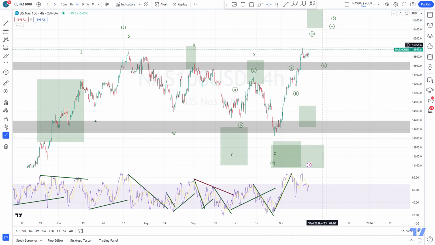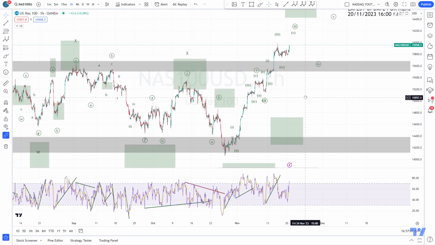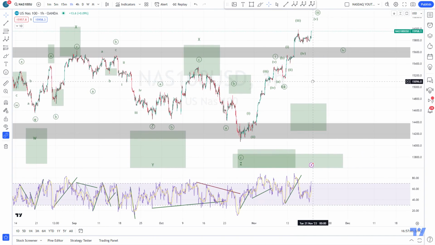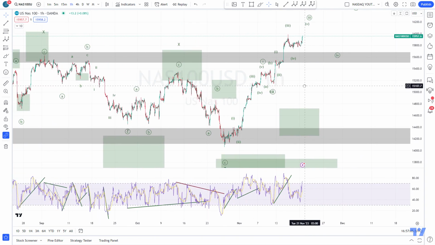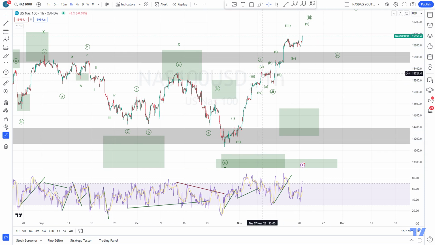Let's have a look here at the subwaves, and therefore we go to the 1 hour. This would be my count right now in the 1 hour. So here we have our wave 4 low. Then I think here this is the wave 1. We went up in 3, 1, 2, 3 with a shallow wave 4, and then a fifth wave right here.